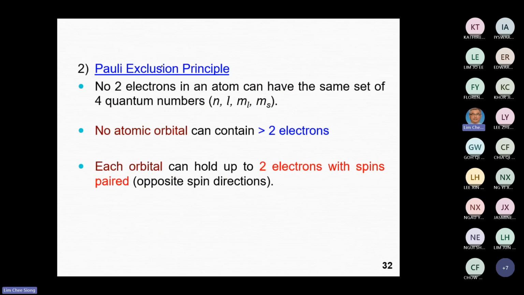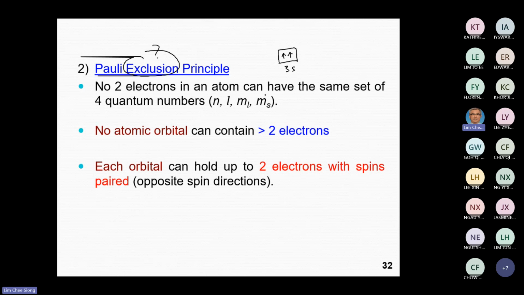Pauli exclusion principle. Please remember it is Pauli with exclusion. Don't put Pauli only. Sometimes we put a question mark: where should the exclusion be? In Pauli, there are totally 3 parts you must remember. First, no 2 electrons in an atom have the same set of 4 quantum numbers. It means, for example, in 3s here, you put an electron here.